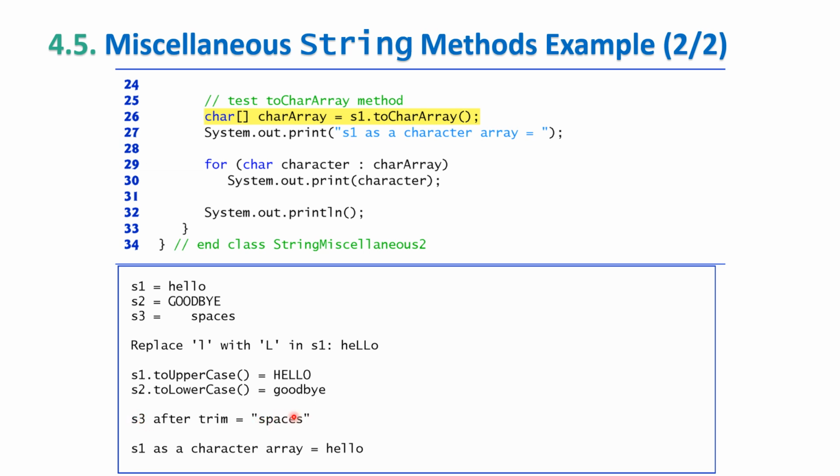So the resulting string has the same content as the string s3, except that all of the spaces before and after the word spaces are removed. And finally, here are the characters in the char array variable after calling the method toCharArray on the s1 object. And so you see that these characters are the same as the characters in the string s1.